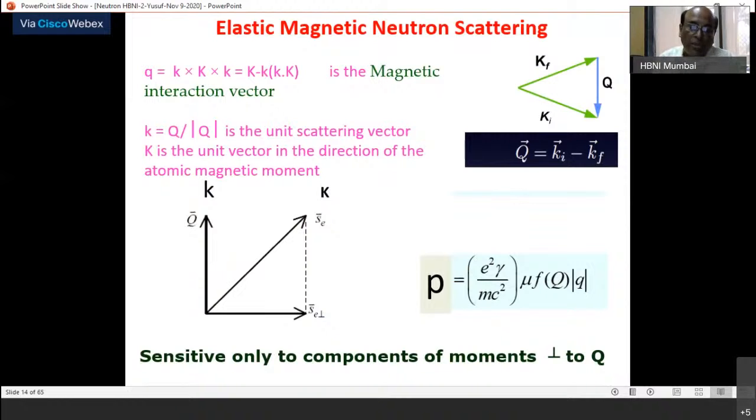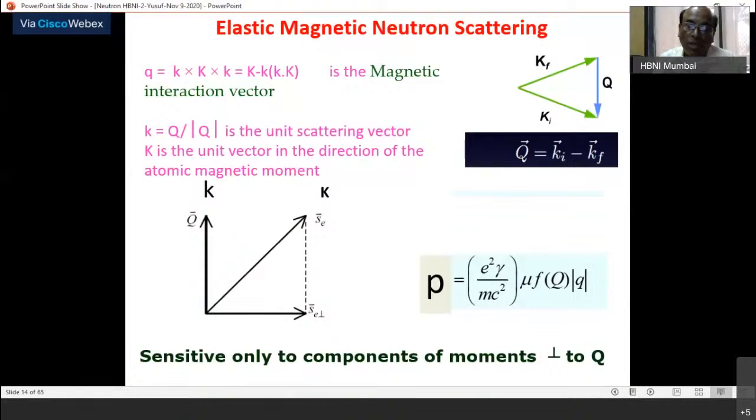That means below the magnetic ordering temperature, how many Bohr magnetons are sitting with one particular atom or ion in a crystalline site, in terms of mu B, in terms of Bohr magneton. So that is what comes from this P, the quantitative number, how many Bohr magnetons are there in a given atom or ion sitting in a particular position, in an equivalent position, in a unit cell. That is the moment value.